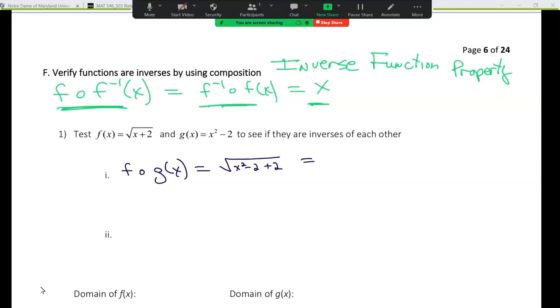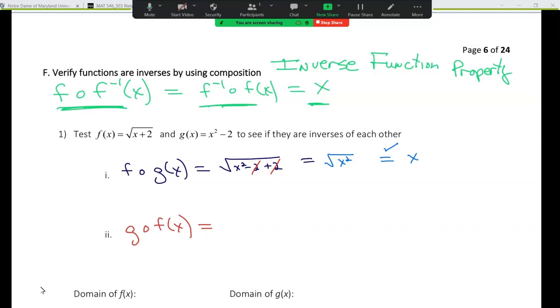Okay, what happens next? The 2's can cancel, right? So that's going to give me the square root of x squared, and that's going to equal x. So that's good. That's what I want it to equal. Now go the other way. Now I'm going to do g of f of x. Start out with your g function. It wants me to write down an x.